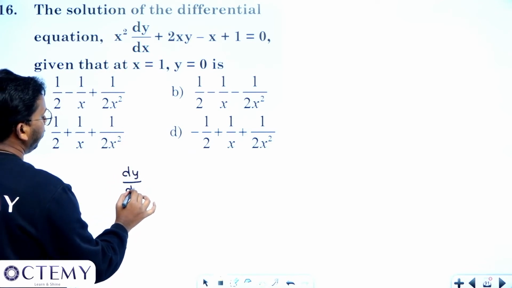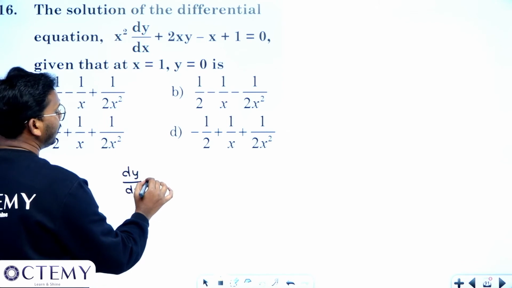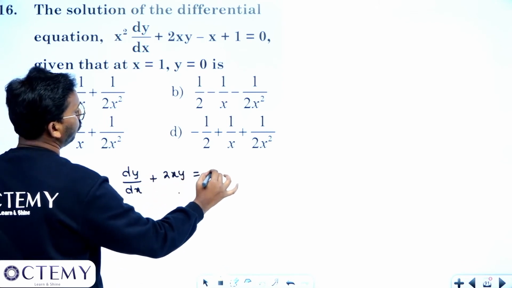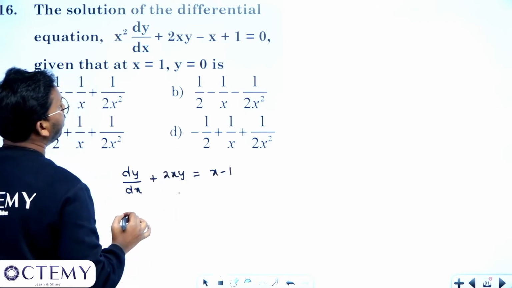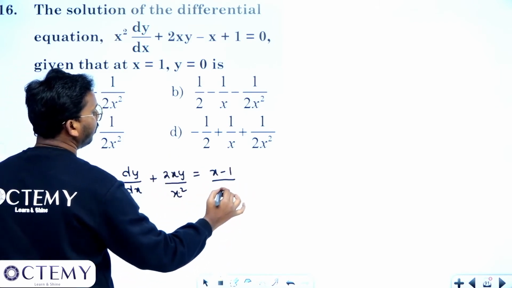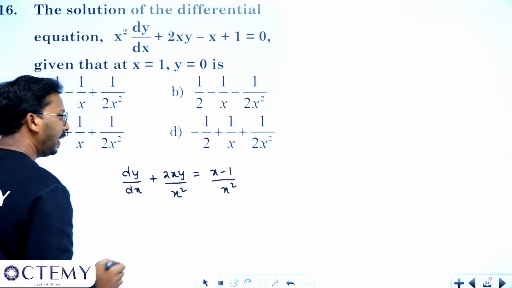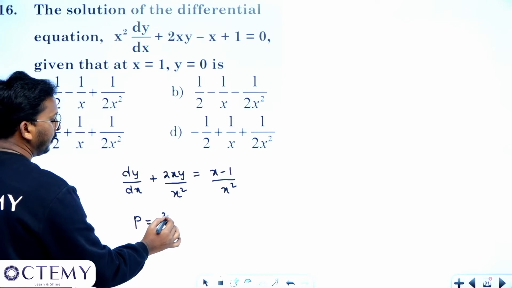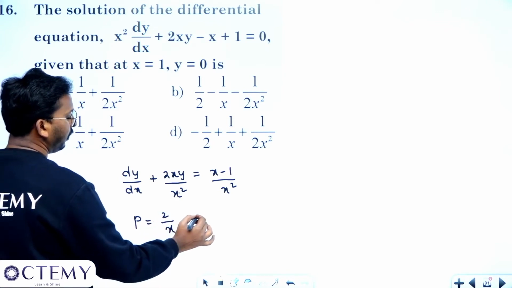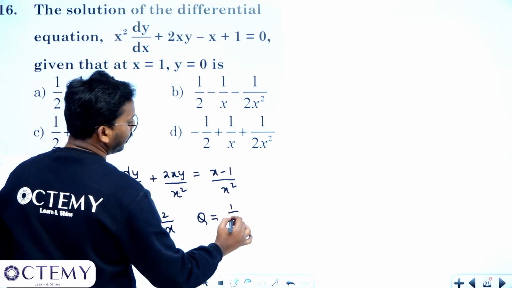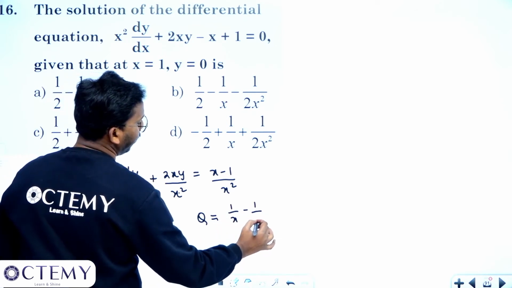So dy by dx plus 2y by x is equal to (x minus 1), divided by x square. Now what will be your p? Your p will be 2 by x. What will be your q? Your q will be 1 by x minus 1 by x square.